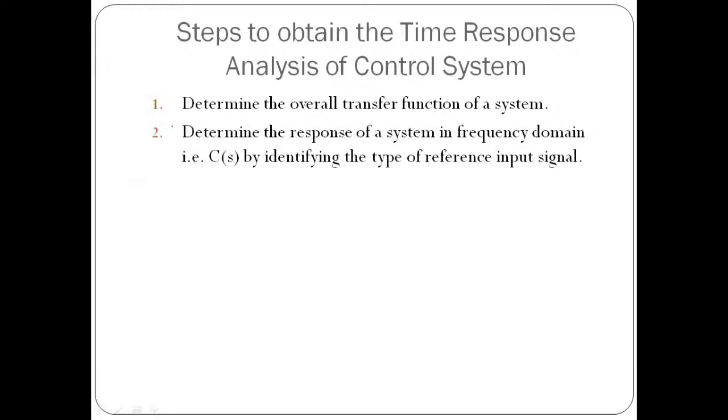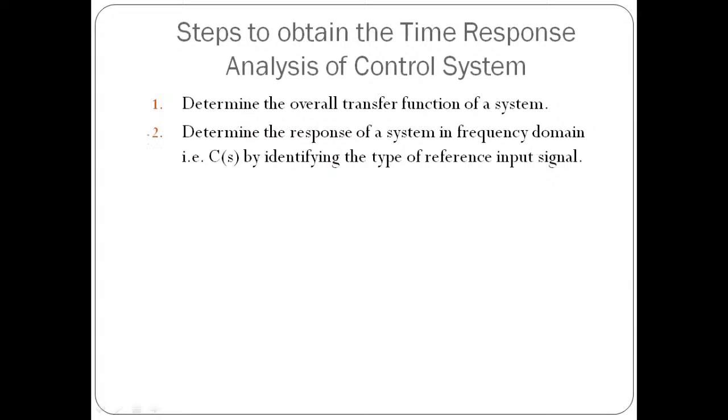If you have done with this, now let us try to understand what are the different steps that we need to implement in order to find the time response analysis of a control system. So there are some steps that we need to follow in order to find the time response analysis of a system. So first step that we need to implement is determine the overall transfer function of a system.